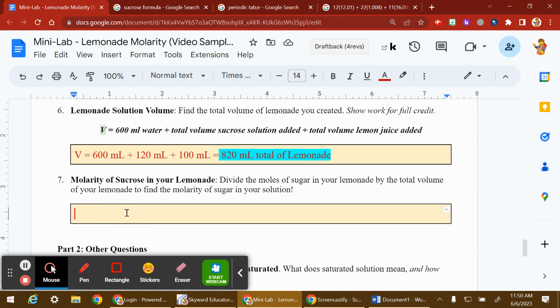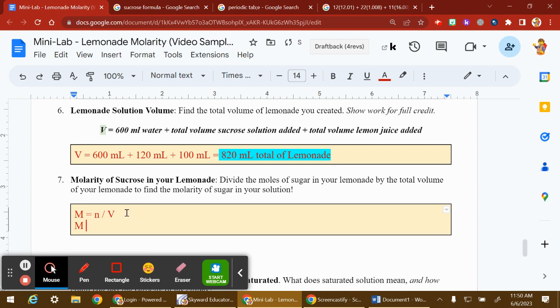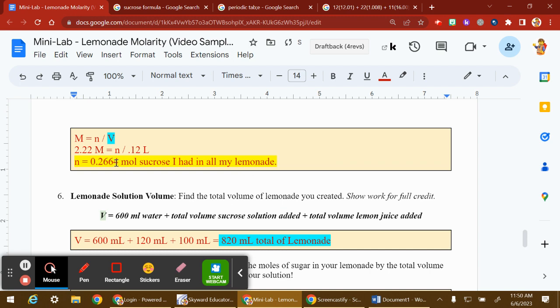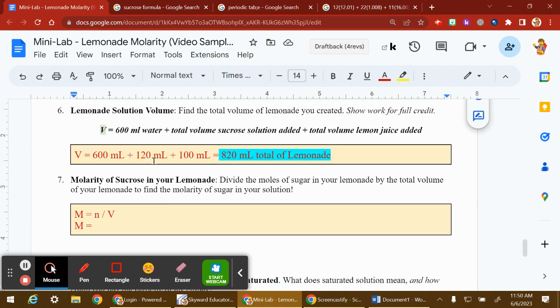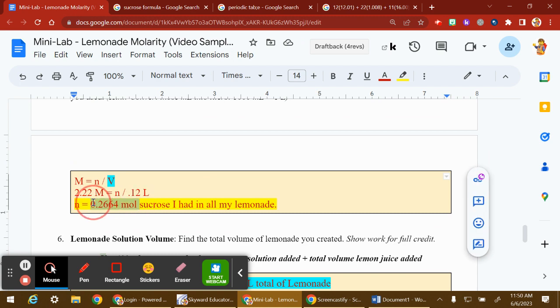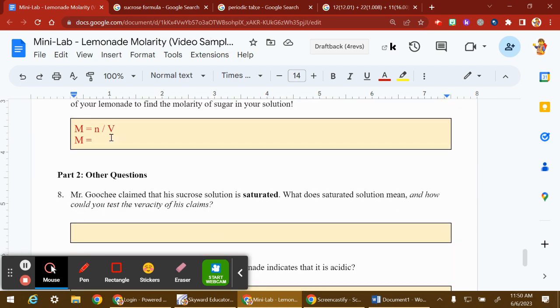And now we're at the last step. The molarity of your lemonade is equal to how many moles of sugar you had divided by how many liters of solution you had, how many liters of lemonade. So the molarity was equal to the number of moles, 0.2664. That's how many moles of sugar I had in my lemonade.